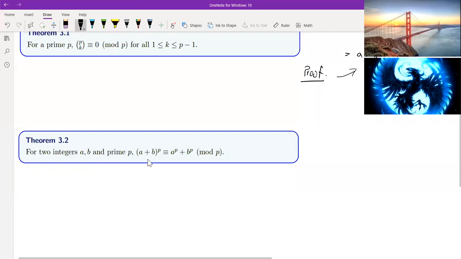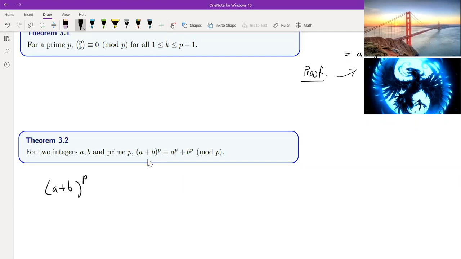For two integers a, b and a prime number p, we have that a plus b to the power of p is congruent to a to the power of p plus b to the power of p, modulo p. We do this by looking at binomial expansion.